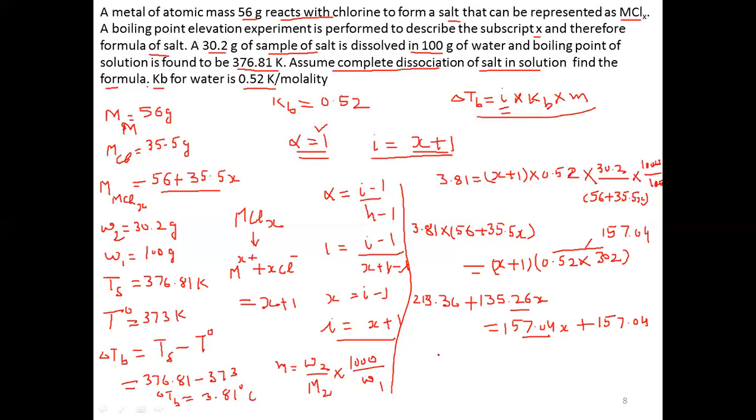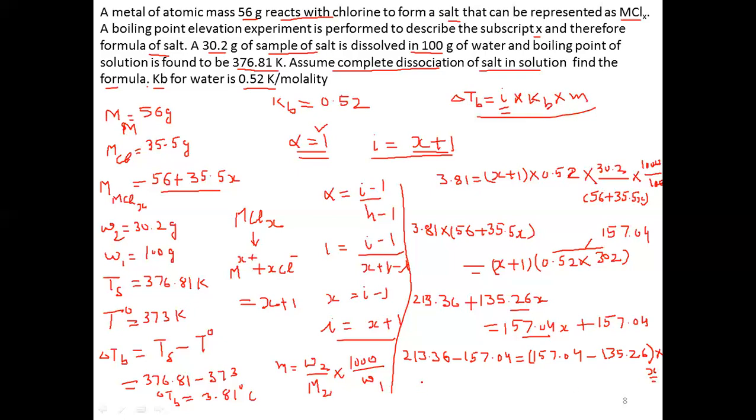When it goes to the left hand side, it will be minus. So I will write, so that you don't get confused: 213.36 minus 157.04 is equal to 157.04 minus 135.26, into x.